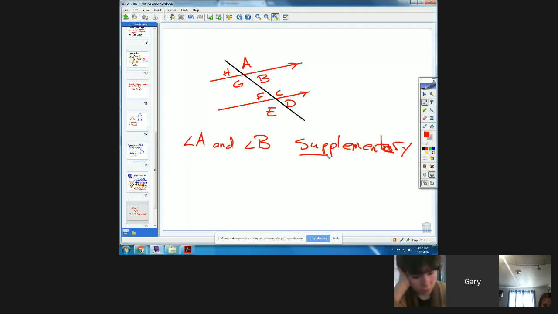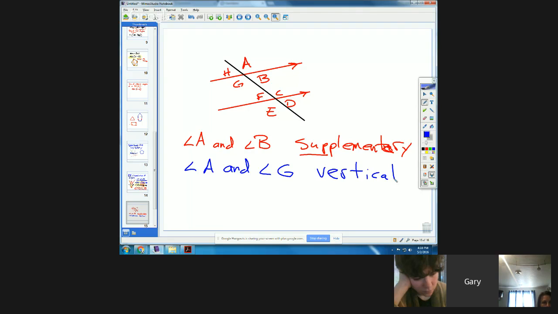Okay, how about angle A and angle G? What kind of angles are those? They are vertical angles, correct. And one thing about vertical angles is they're congruent, or equal. Vertical angles are congruent.